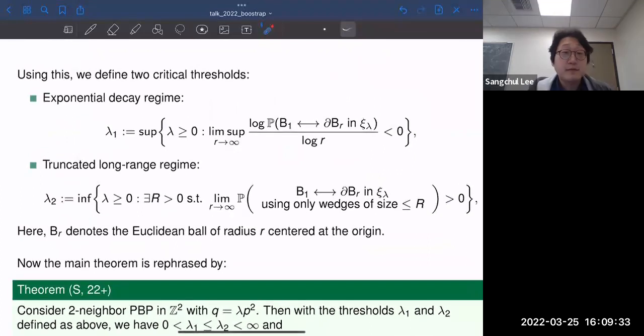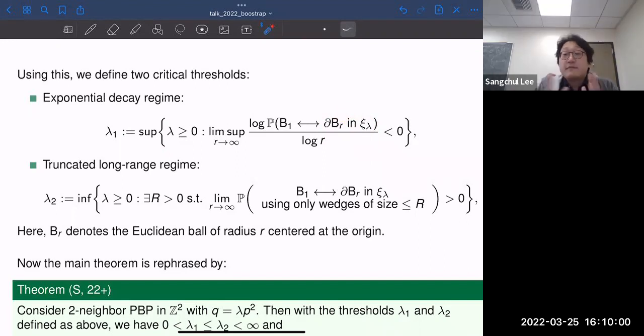One comes from the exponential decay regime of this continuum percolation model. So lambda 1 is defined as the supremum of lambda such that the probability that the unit disk at the origin is connected to the circle of radius r in this continuum percolation model decays exponentially as a function of r.